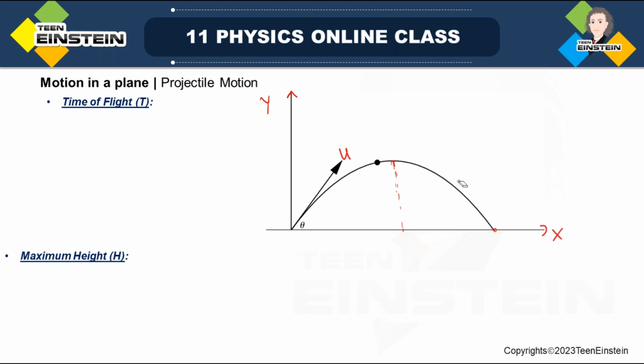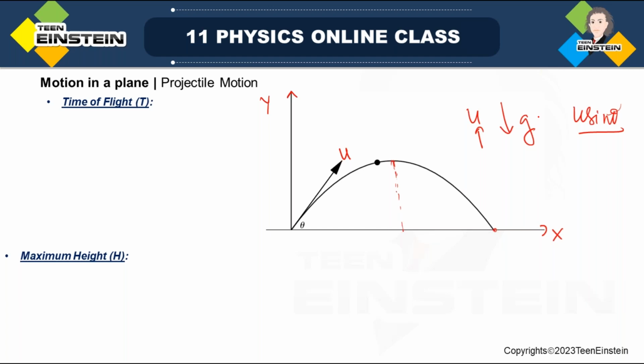Now what I'm trying to say is that since the particle is moving under gravity or against gravity, the vertical component of the velocity, that is u sin theta, gets reduced due to acceleration due to gravity, that is g.